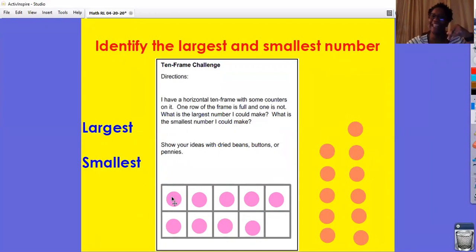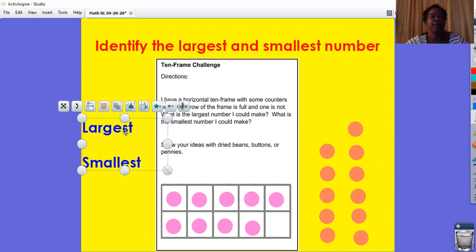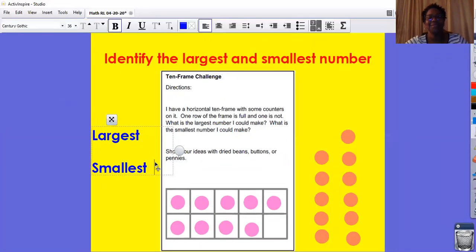Let's start over again. Okay, you ready? Here we go. 1, 2, 3, 4, 5, 6, 7, 8, 9. And what is the largest number? Yes, it is 9. So I will type that right here.